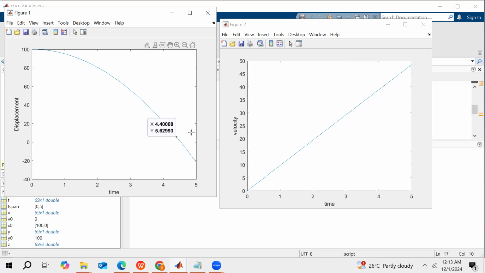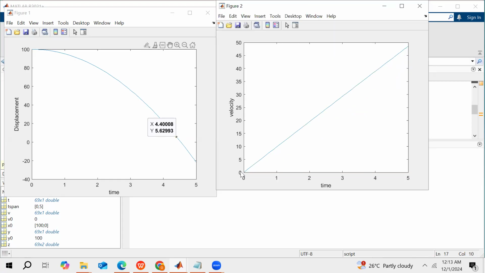So how about this? This is the velocity plot. The velocity of the object will keep increasing until you get to the ground floor.